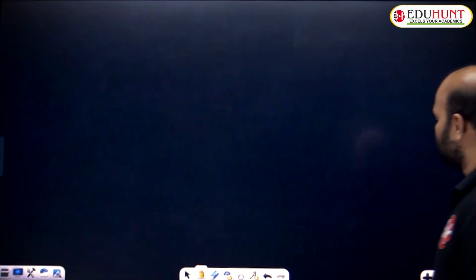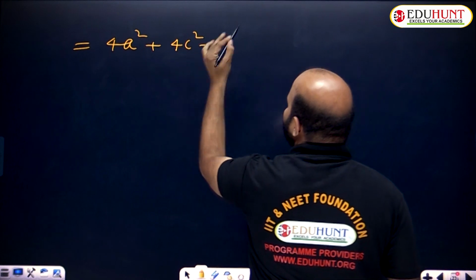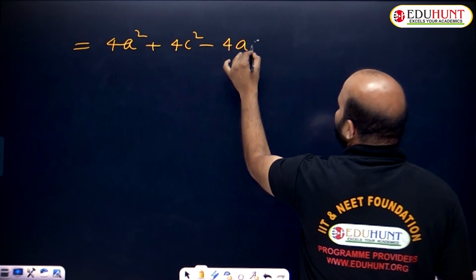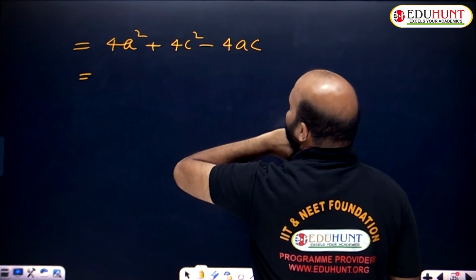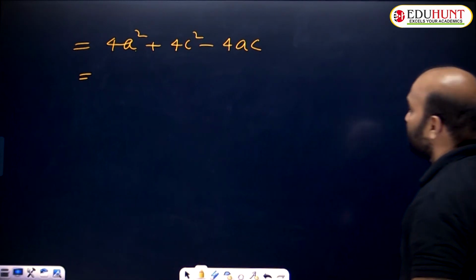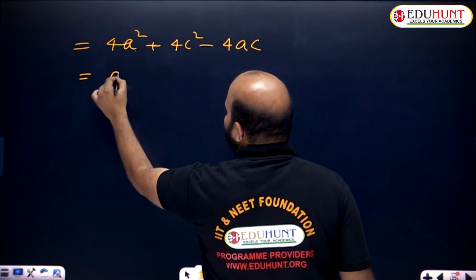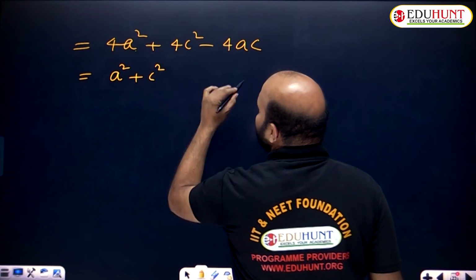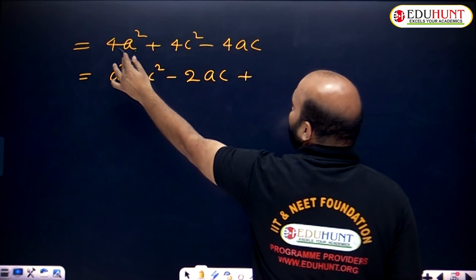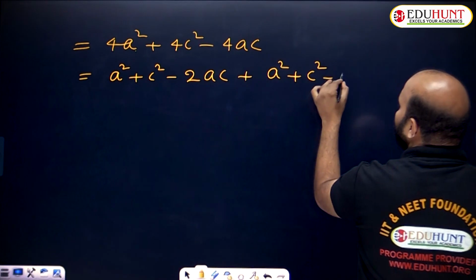It can also be expressed as 4a square plus 4c square minus 4ac. Now 4a square plus 4c square minus 4ac can be split: a square plus c square minus 2ac, and again a square plus c square minus 2ac.